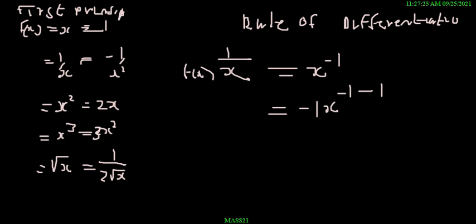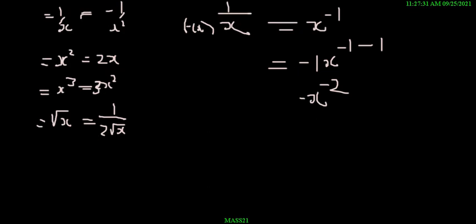This is going to be negative x to the power negative 2, which is equal to negative 1 over x squared. You can see which is what we got here.